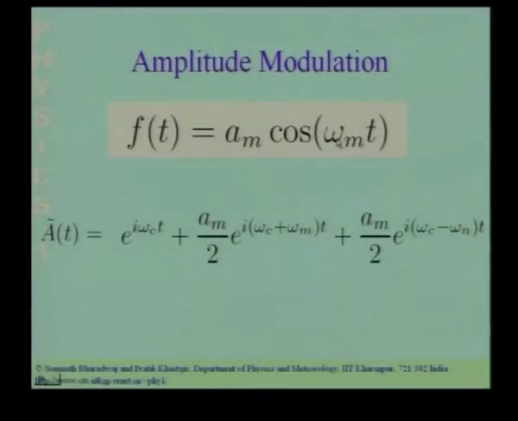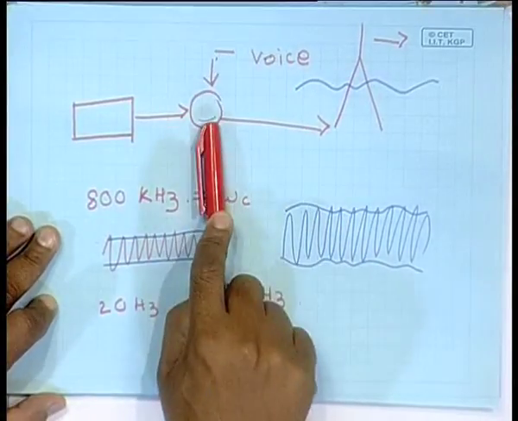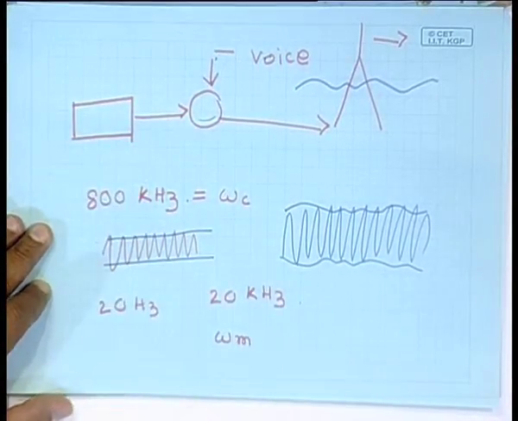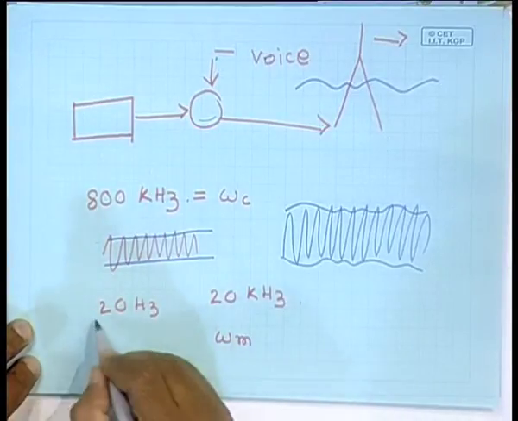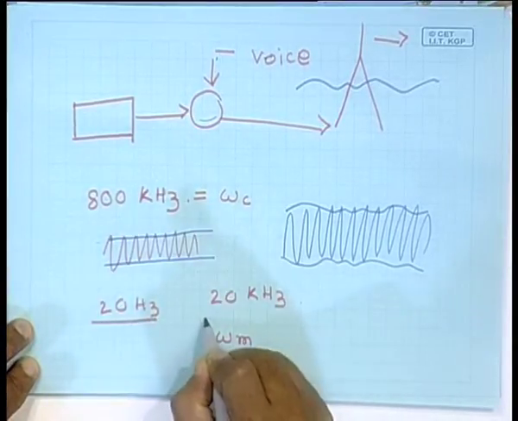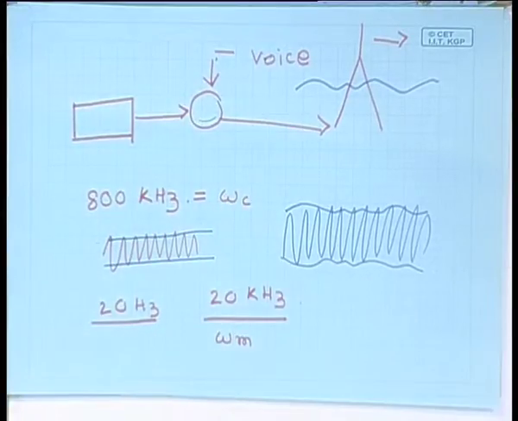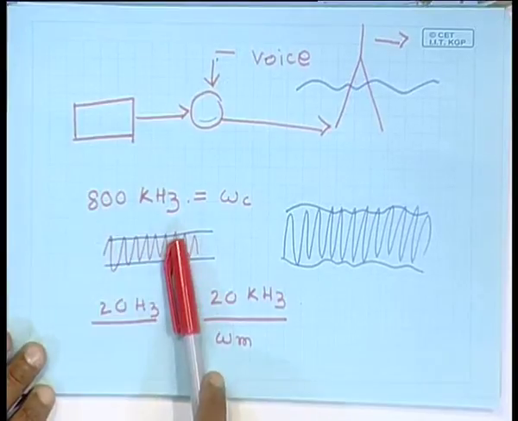Now, if we modulate my voice, for example, onto the carrier frequency, my voice spans the entire frequency range from 20 hertz to 20 kilohertz. So, what is going to happen when you modulate this 800 kilohertz carrier wave with my voice?